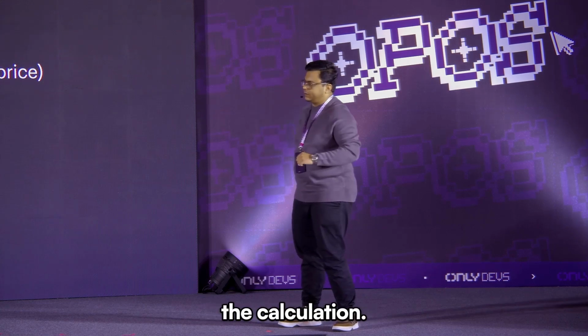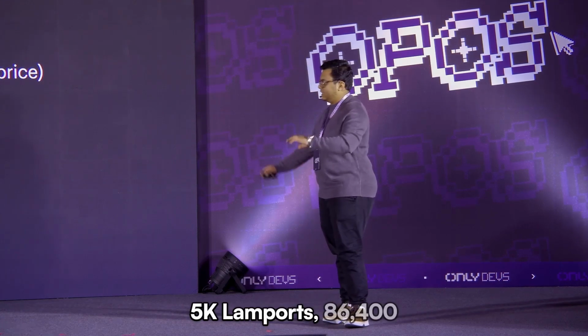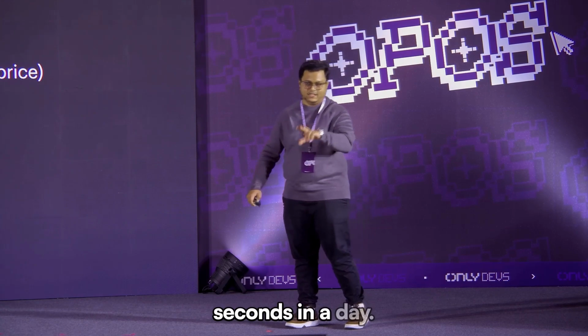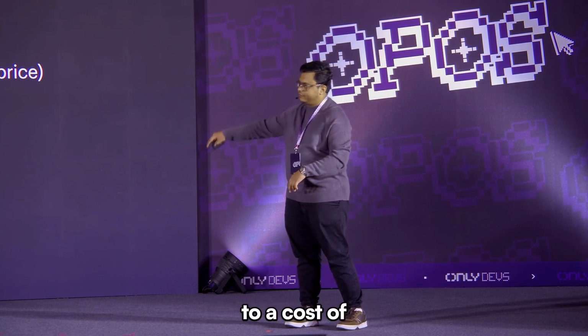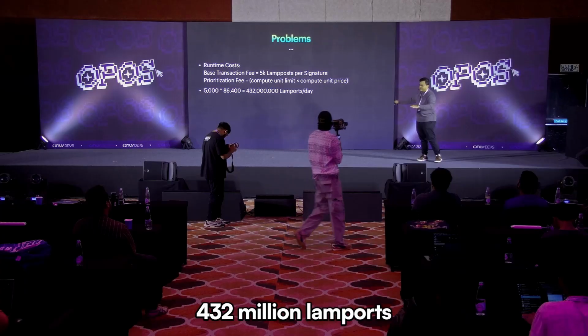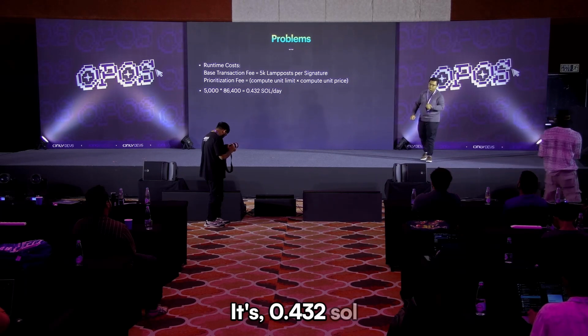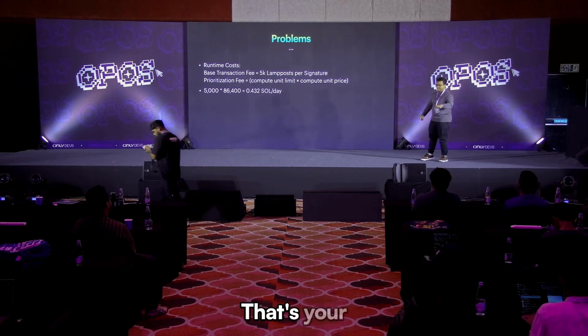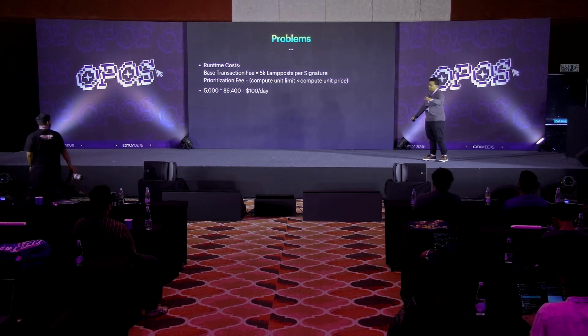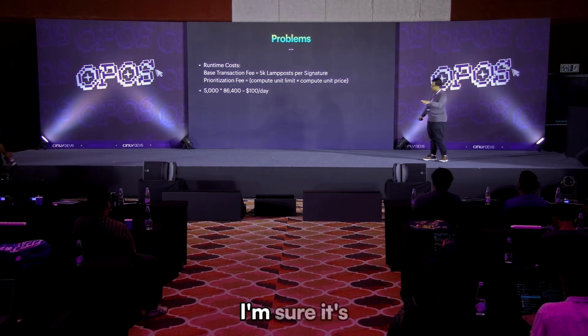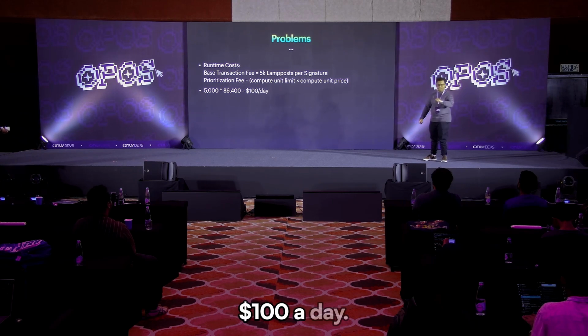Now here you see the calculation, 5K lamports, 86,400 seconds in a day. That gets us to a cost of 432 million lamports a day. Let's make it simple. It's 0.432 SOL per day. That's your operational cost. At the current price, I'm sure it's going to be around $100 a day.